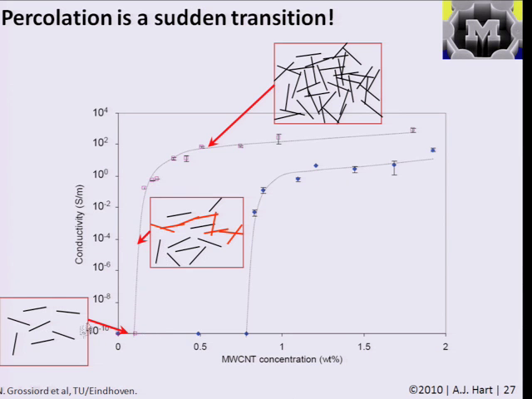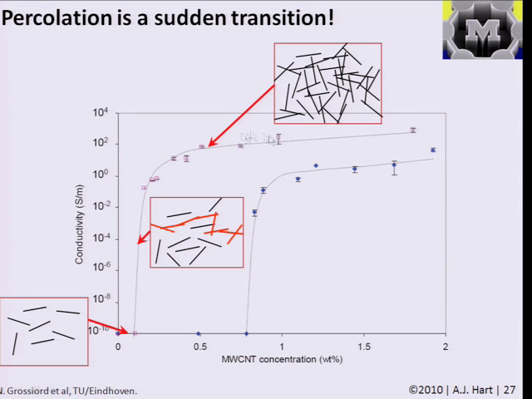So now it goes from essentially 0, or 10 to the minus 10 Siemens per meter in this case, to a factor of about 1 Siemens per meter. And then you see after that, as you add more and more sticks, more and more conductors to the network, the conductivity continues to increase. And the percentage at which this transition occurs is what's called the percolation threshold.